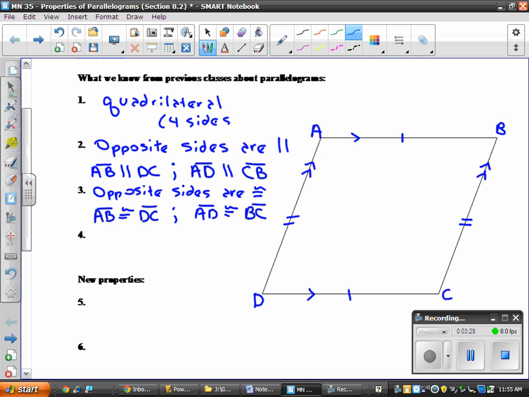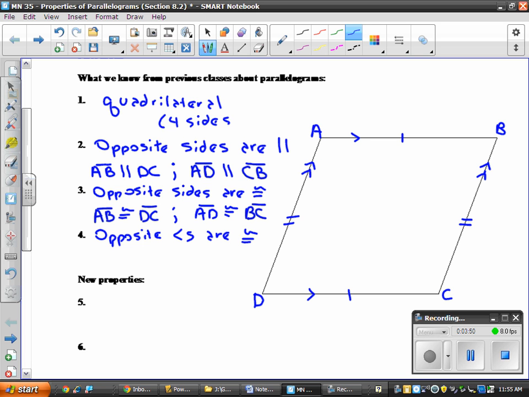And lastly, let's talk about the angles. For instance, angle A and angle C are congruent along with D and B. So in previous classes, you would have said that opposite angles are congruent.